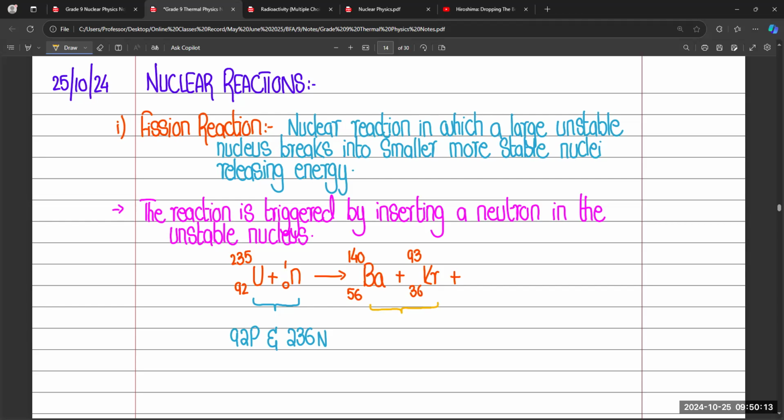If we talk about the number of protons, it will be 56 plus 36, which is 92. It means the number of protons is balanced, right? Initially we have 92, finally we have 92. But if we talk about the number of nucleons on the top, 140 plus 93 equals 233.